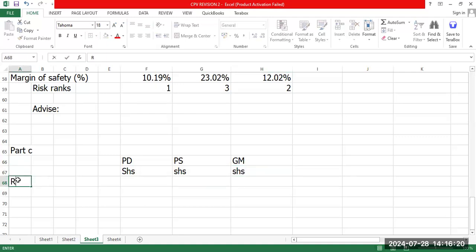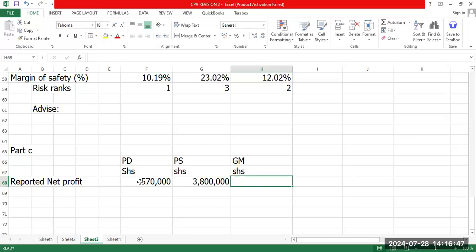Then I can put here reported net profit. For PD it is 5.7. Then this one is 3. Then this is 6.7.5.